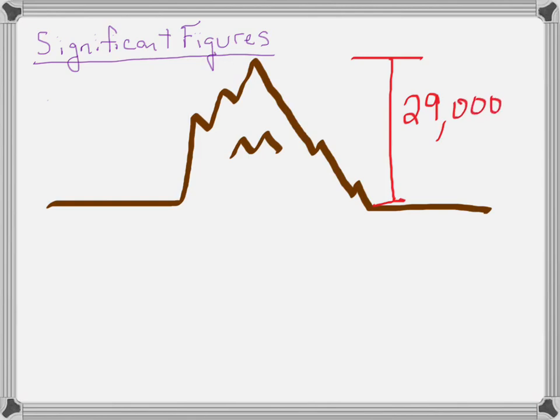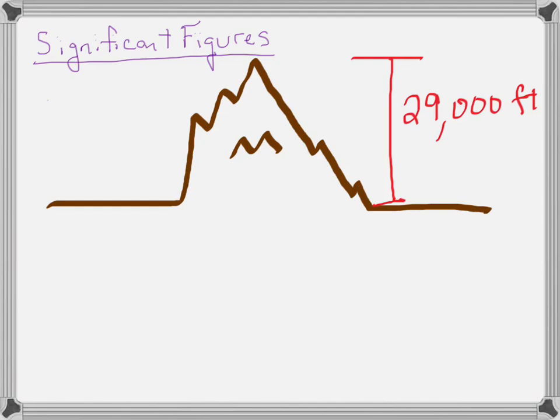29,000 feet exactly. Well, when a country and a government pays the engineering personnel to measure this height and they come back with 29,000 feet, that doesn't sound like it's very accurate. It sounds like they almost stood at the base and looked up and said, meh, that looks like it's 29,000 feet.